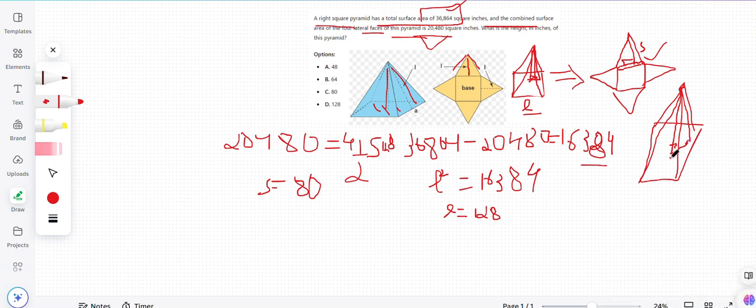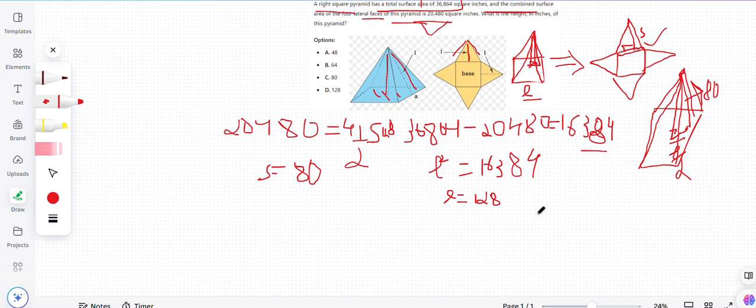This part will be half of the length, which means L by 2, and this part is the slanted height. We already found it as 80. So we can use the Pythagoras theorem: hypotenuse squared equals p squared plus b squared.